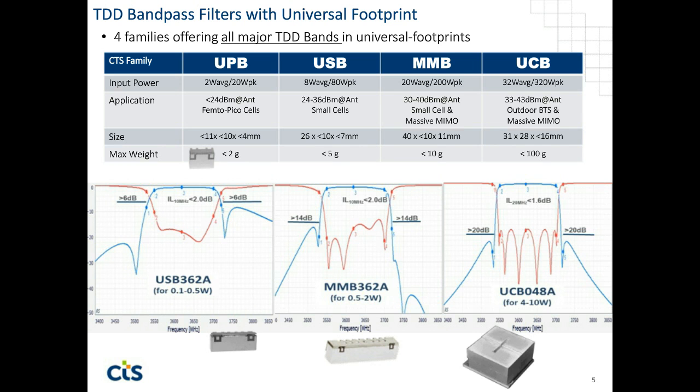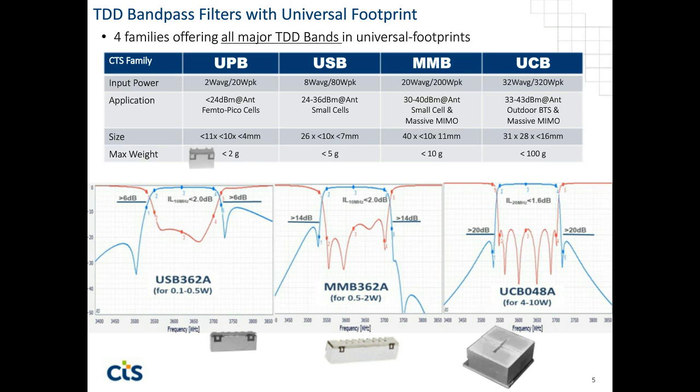What's important is what rejection is required, what insertion loss can be tolerated. In each case, the filters can likely handle much more power than they're optimally suited for in terms of sufficient rejection.